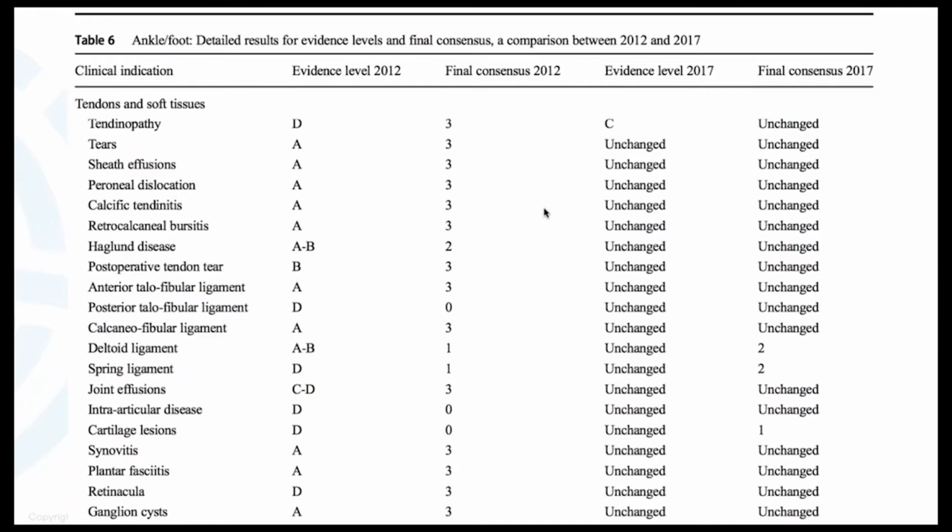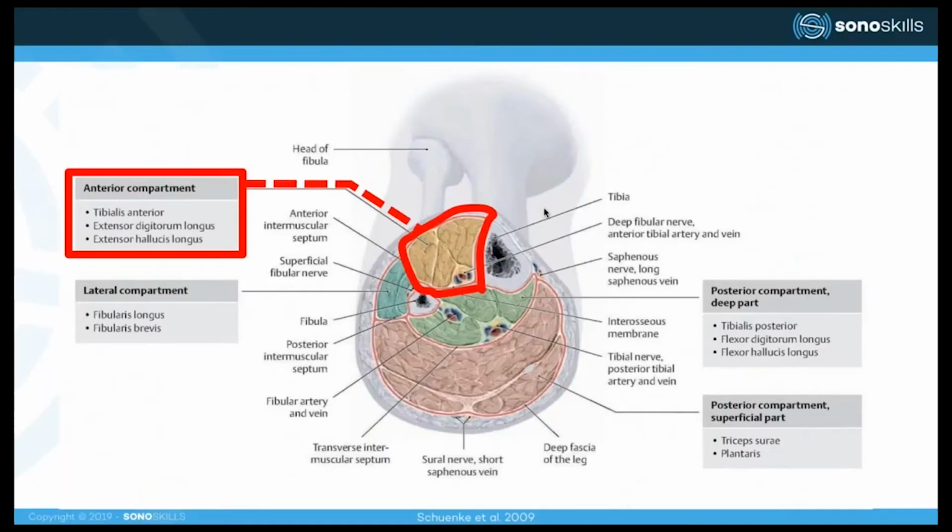So let's go for a 0. The posterior talofibular ligament does not make any sense to scan with ultrasound. So ultrasound is not a gold standard for that, and best is actually not to do that. So you can go over the list, download the article, and see which indications make sense to check out and which don't make any sense to check out.